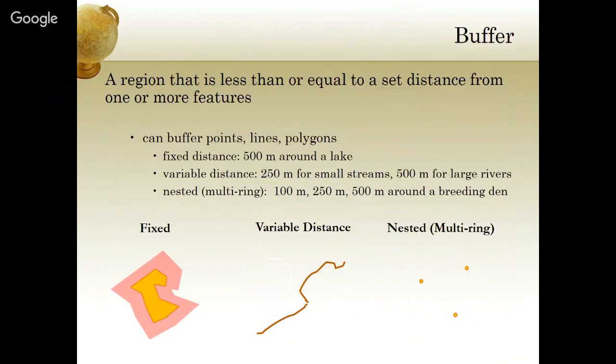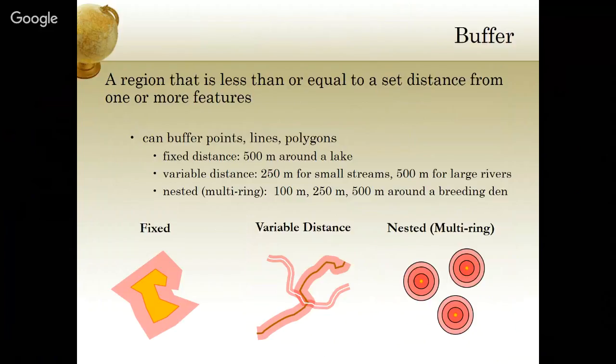We can do variable distance buffers. Say major streams have a larger buffer zone than smaller streams, and we link that to some attribute in the table. And we can also do nested or multi-ring buffers that end up looking like concentric circles if we want to buffer different radii around the same location. We can do that.